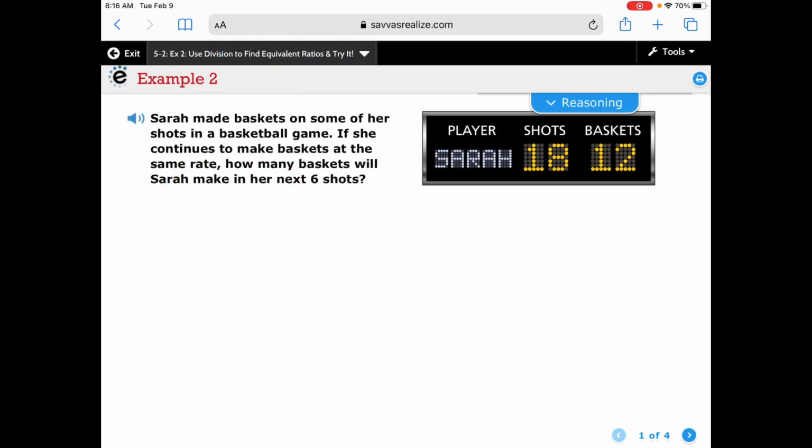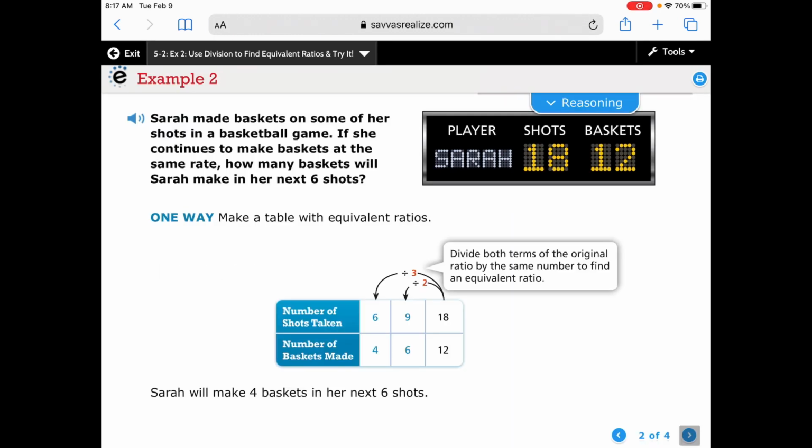Okay, everyone, let's turn to page 275 at the top for Example 2. It says Sarah made baskets on some of her shots in a basketball game. If she continues to make baskets at the same rate, how many baskets will Sarah make in her next 6 shots? If we take a look, we'll make a table. Shots taken is 6, and our original is 18 to 12.